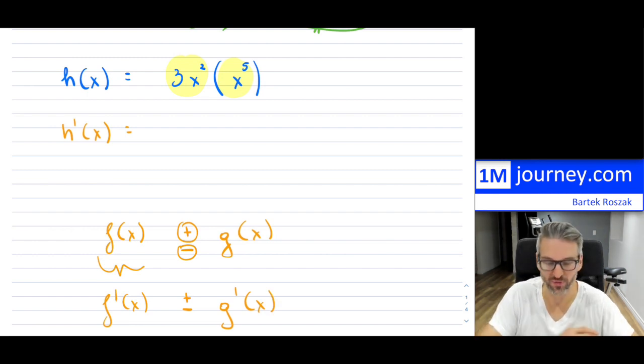So that was the rule for summation and the difference.